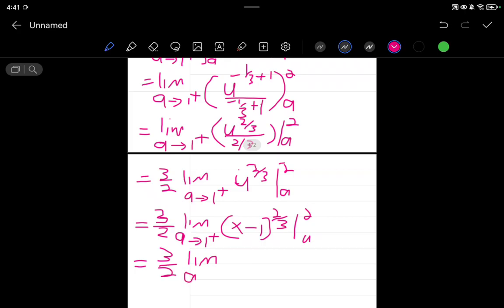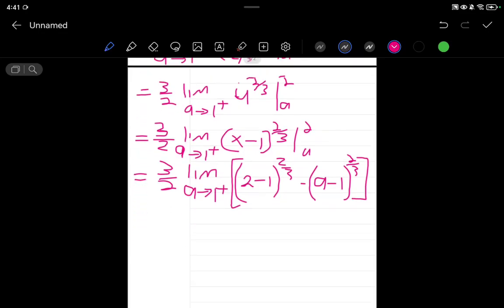The limit, guys, you plug it at the end after you're done with expanding your function, 2 over 3, right? Then from here we're going to have this, with a approaching 1 from the positive.